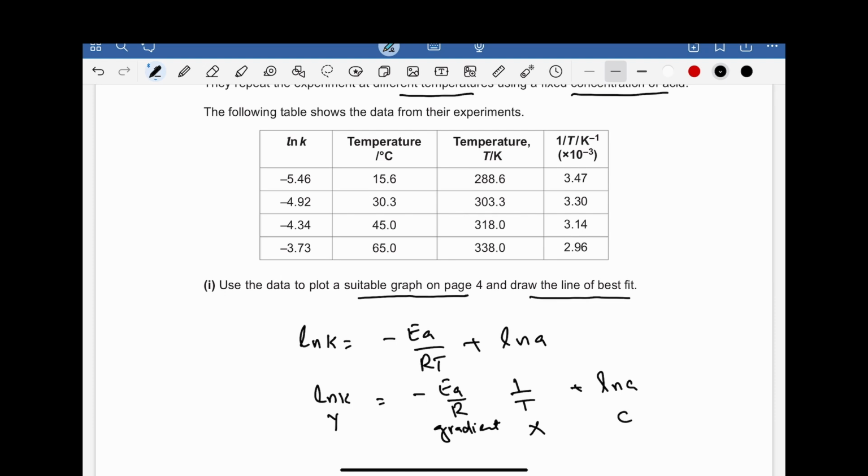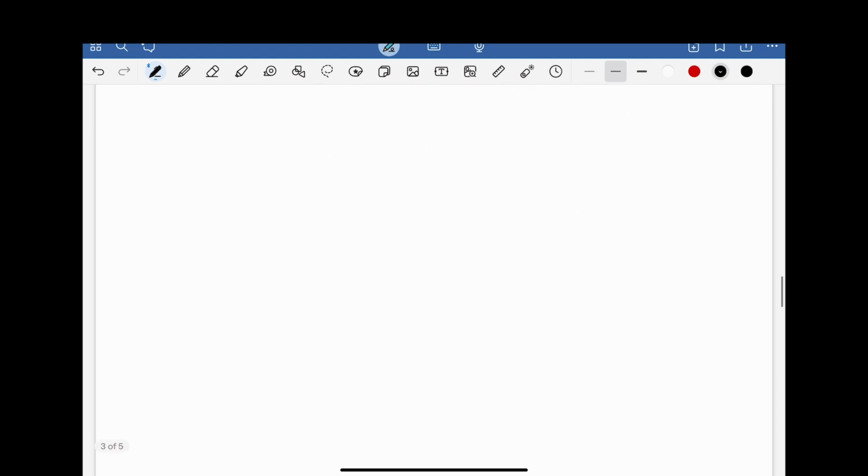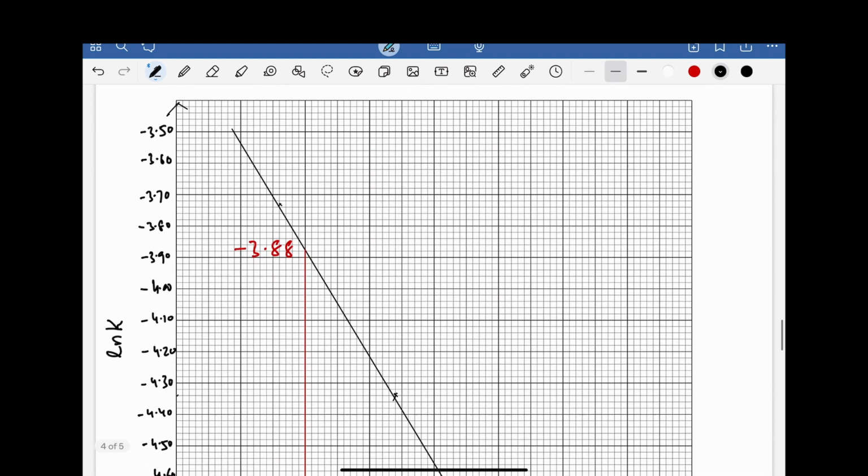Data for 1 over T varies from 2.96 to 3.47, so the minimum value is 2.96 and the maximum is 3.47. With ln k, we have minus 3.73 and minus 5.46. So we need to choose a reasonable scale. I have done this already to save some time.